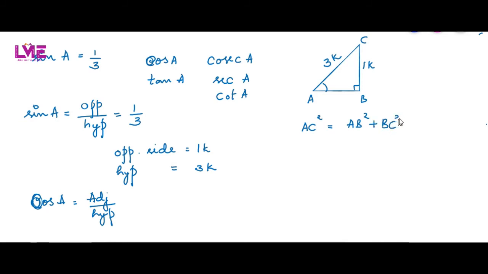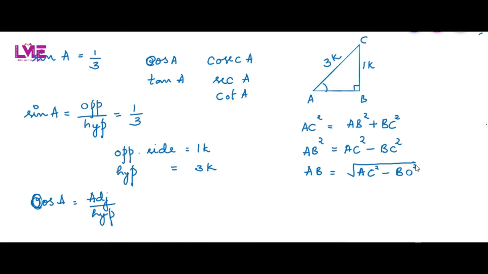What we need is AB. So AB square is equal to AC square minus BC square. So AB is the square root of AC square minus BC square.